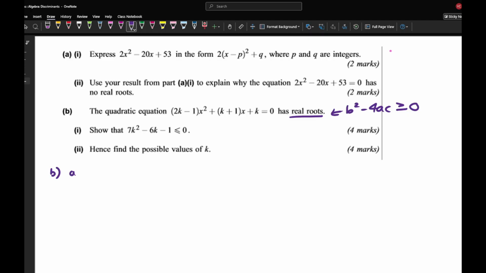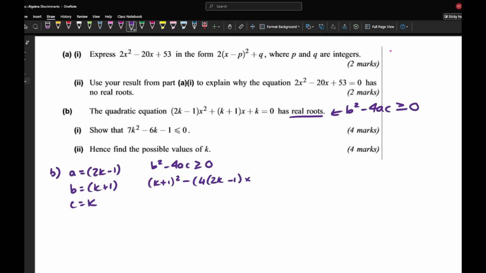So what we end up with is a equals 2k minus 1, b equals k plus 1, and c equals k. So then knowing that b squared minus 4ac is greater or equal to 0, substituting this in, we get k plus 1 squared minus 4 lots of, 2k that should be, minus 1, times k, and that's greater or equal to 0.